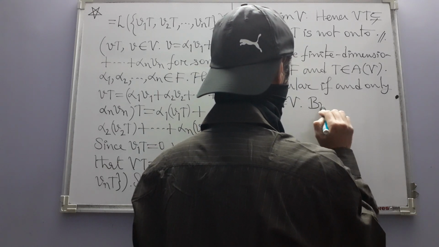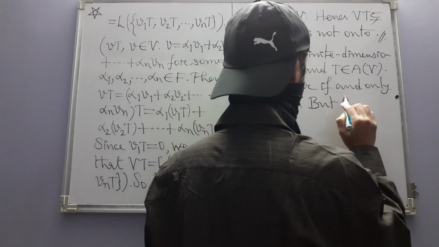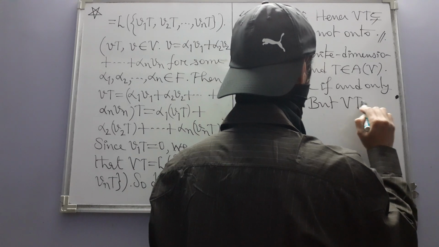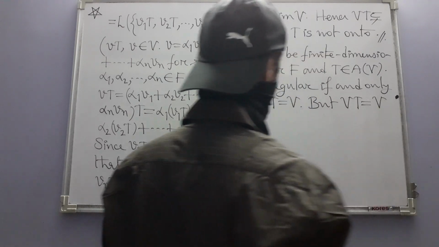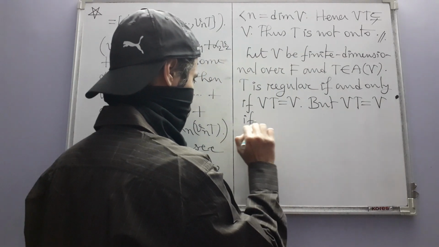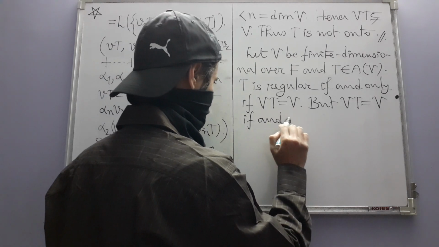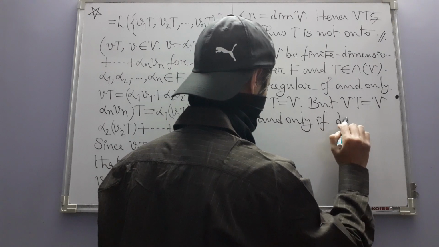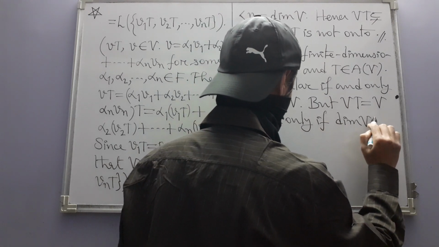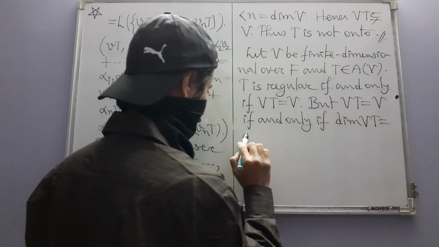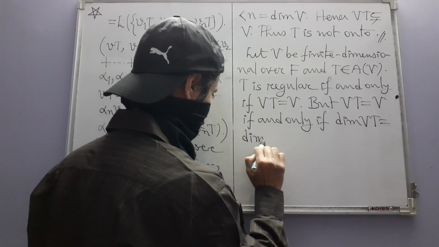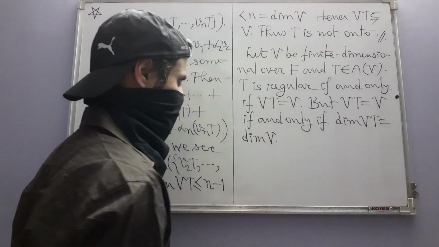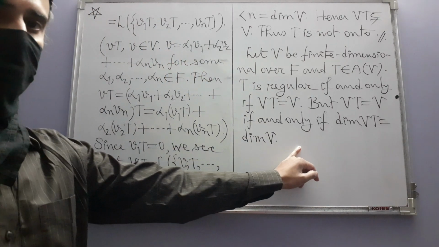But Vt is equal to V if and only if dimension of Vt is equal to dimension of V. Okay, how is this last line true?